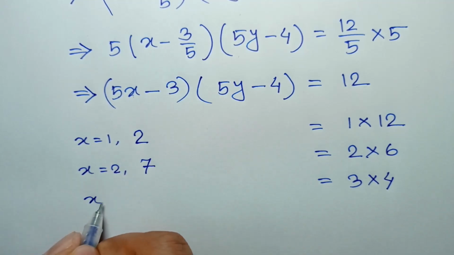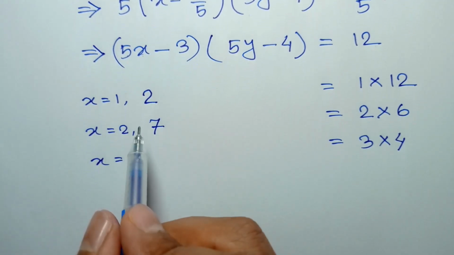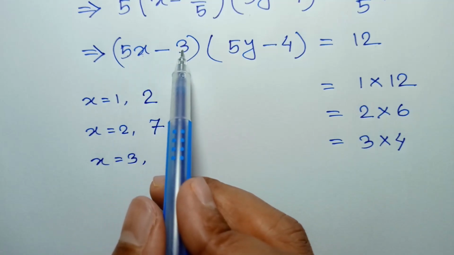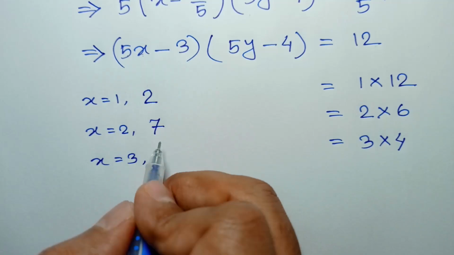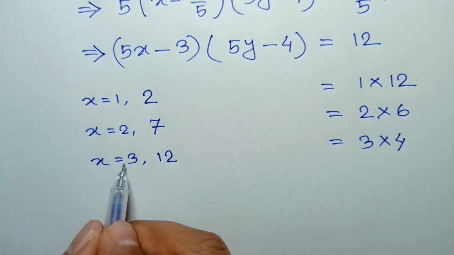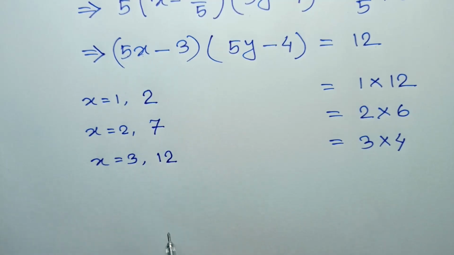And when x is equal to 3, then 3 times 5 is 15 minus 3 is 12. And for next value of x, this value will be greater than 12.